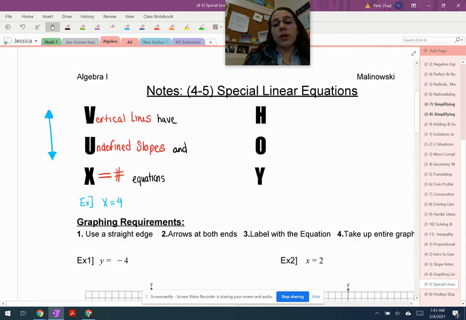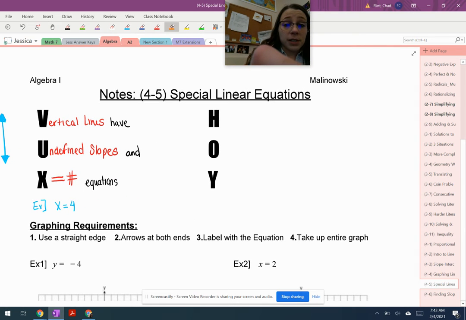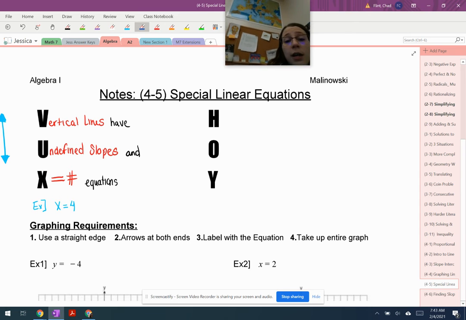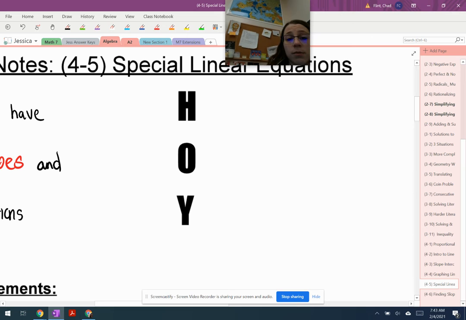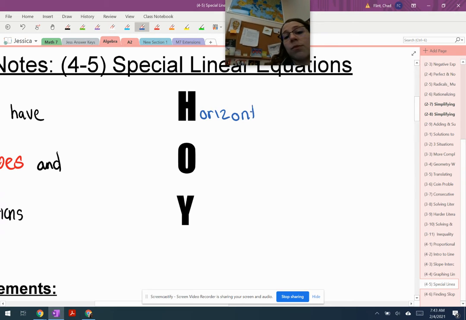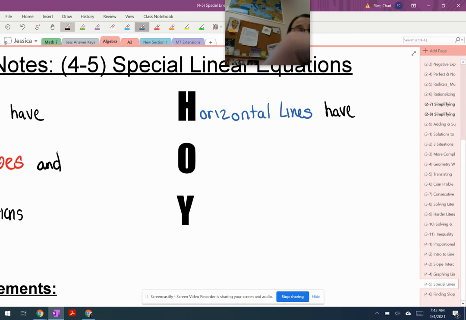HOY, if you could already maybe start to put together some of the pieces here, HOY is talking about horizontal lines. Horizontal lines have a 0 slope.